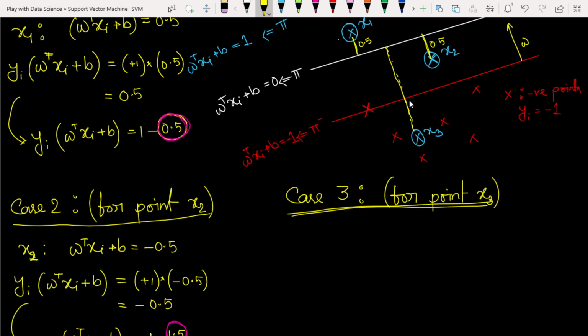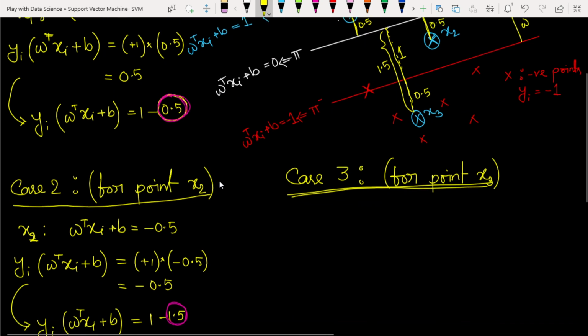This distance is 1, and from here to this point is 0.5. So the total distance from the pi plane to this point will be 1.5.